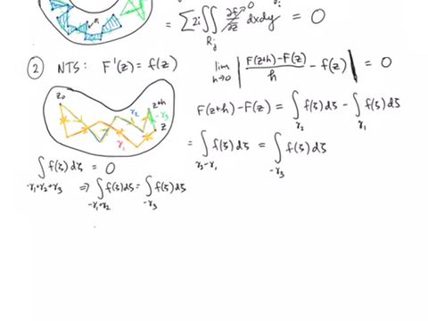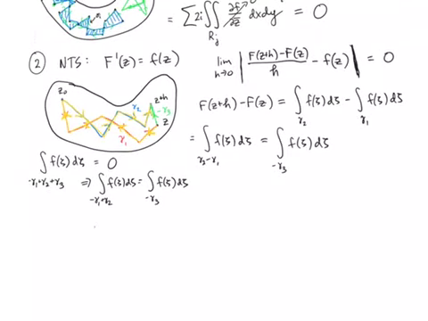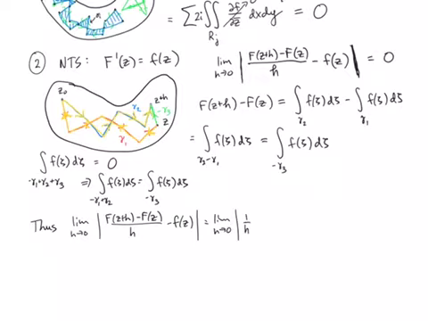Okay, so back to the computation of the limit. Thus the limit as h goes to 0 of F of z plus h minus F of z over h, minus little f of z, is equal to the limit as h goes to 0 of 1 over h times the integral along negative gamma 3 of f of zeta d zeta, minus f of z.